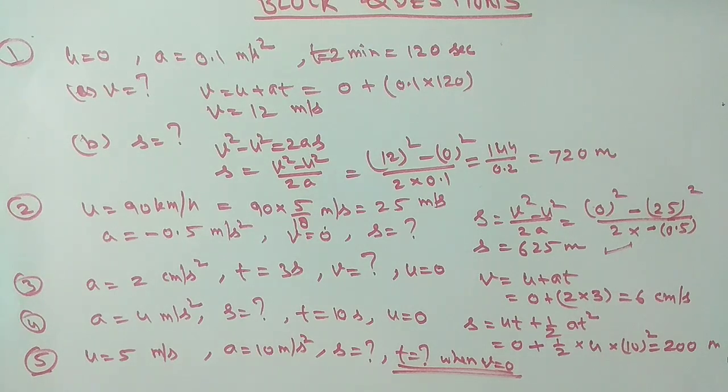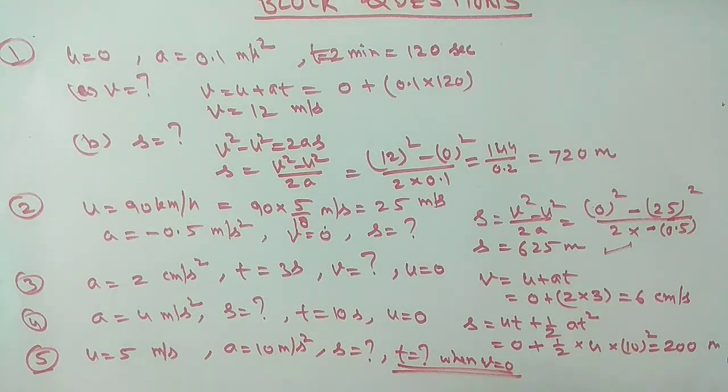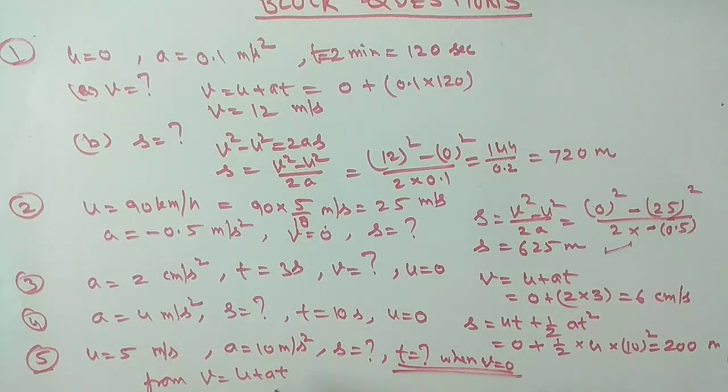So to find the time, simply use the first equation. Okay, from v is equal to u plus at, v is 0 final.